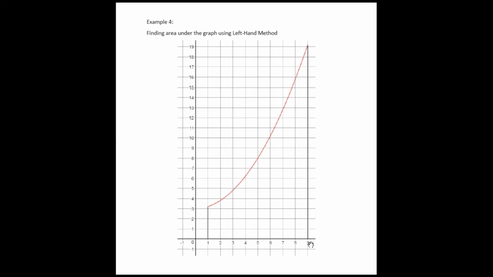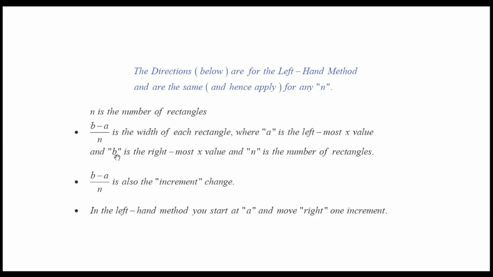So what we're interested in is B minus A over N, where B is the rightmost point, A is the leftmost point, and N is the number of rectangles. This is the star of the show, B minus A over N.